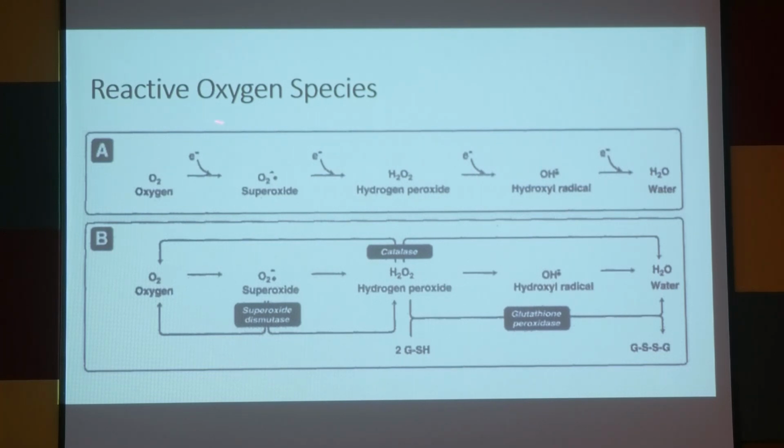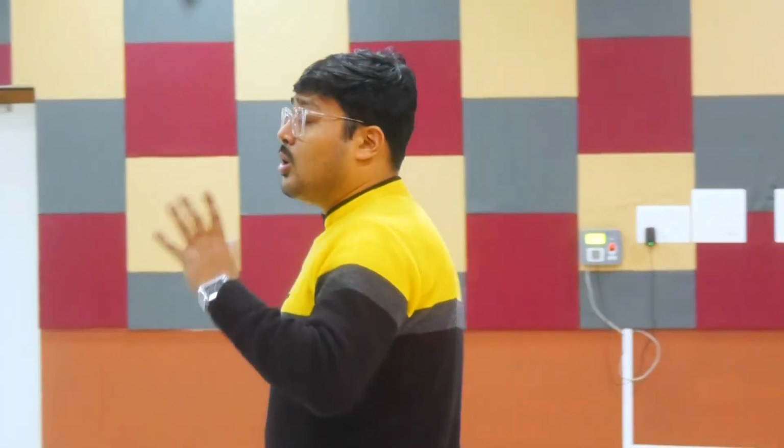And the scavenger system, that is the antioxidant system of our body, comprises three enzymes, namely superoxide dismutase, catalase and glutathione peroxidase. These three enzymes are able to convert the free radicals into water and oxygen.